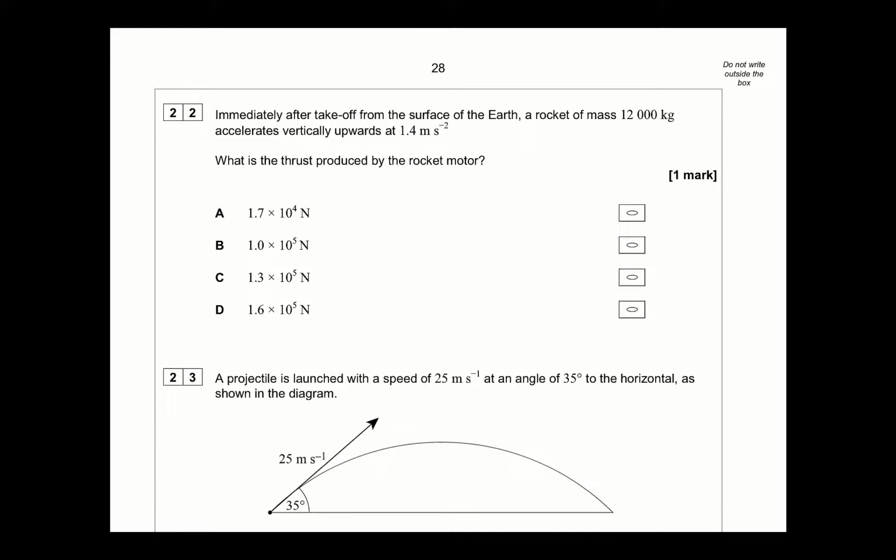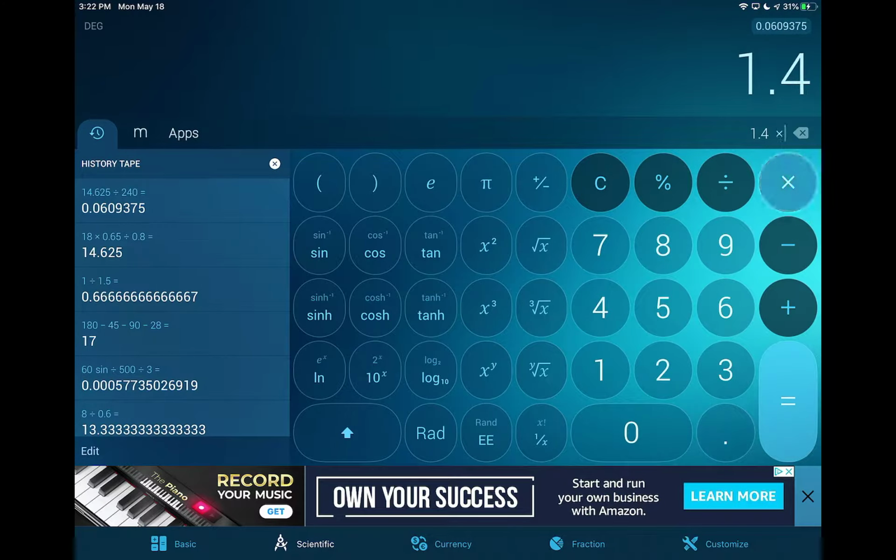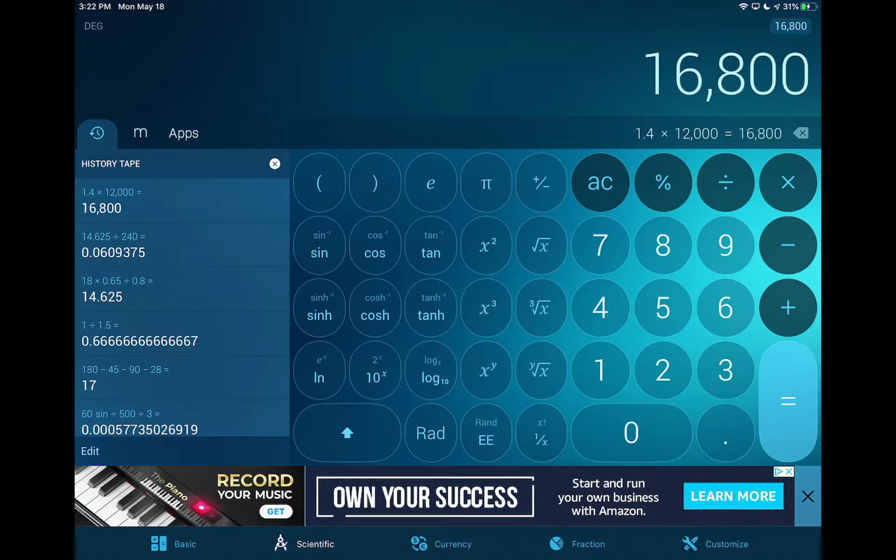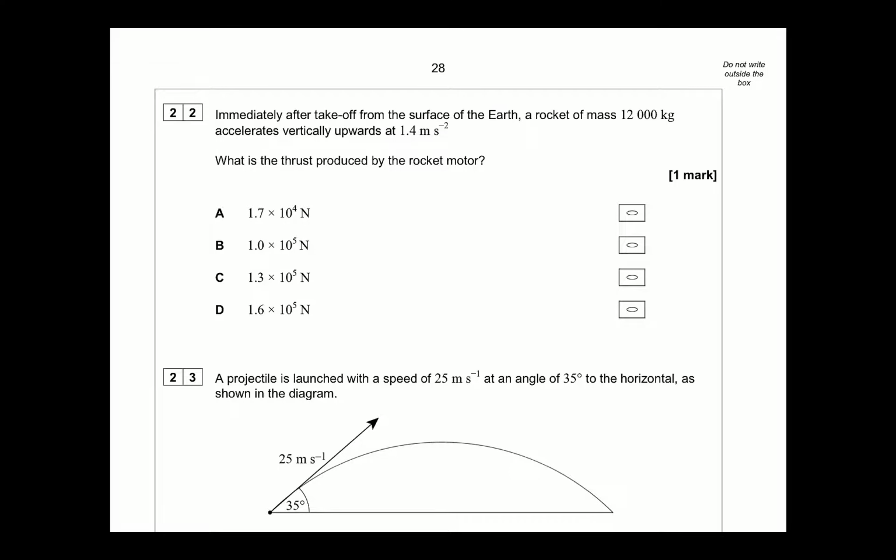Immediately after takeoff from the surface of the Earth, a rocket has a mass of 12,000 kilograms and accelerates upwards vertically. Well, that's pretty easy. 1.4 times 12,000 is 16.8.